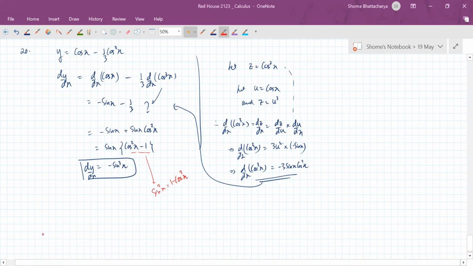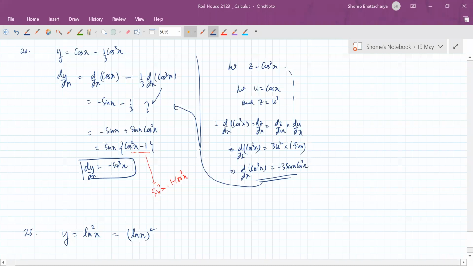So let's look at this. So 25th question, we have y is equal to ln square of x. Okay, that basically means that it is ln x's whole square. That is the meaning of ln square x.